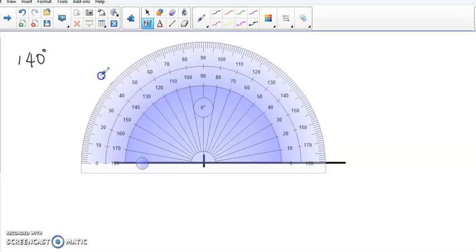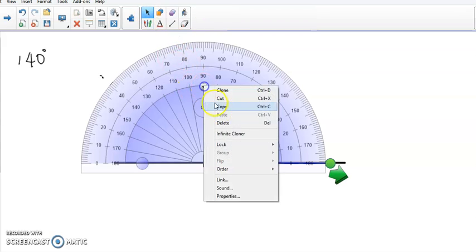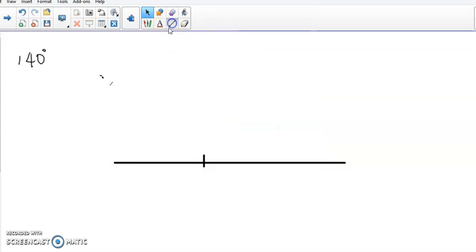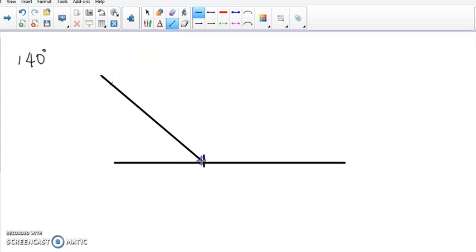So if I make a point, and then remove my protractor, make a straight line from that point I made to the center of the straight line. That means that from this point to this point is what we call 140 degrees.